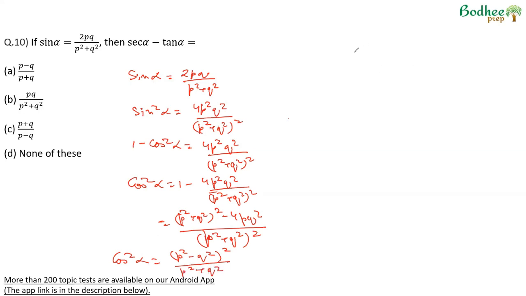And therefore cos alpha, taking the root, will be equal to p square minus q square upon p square plus q square.